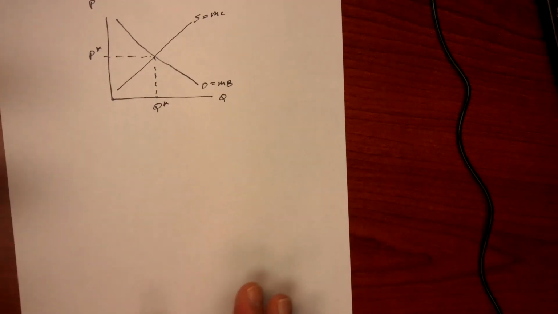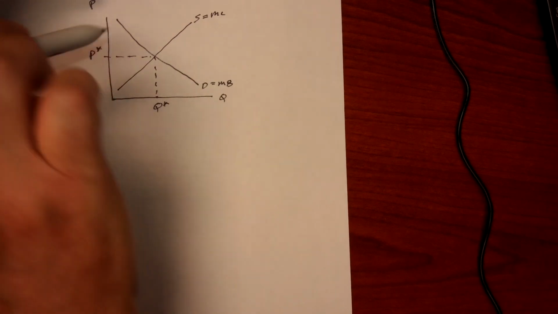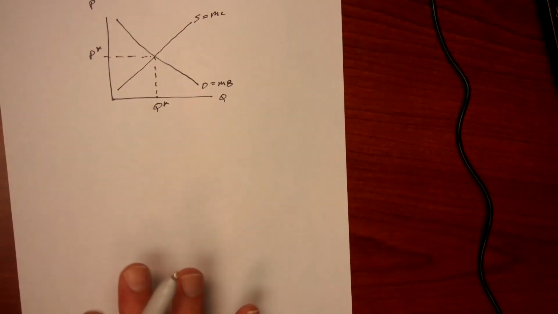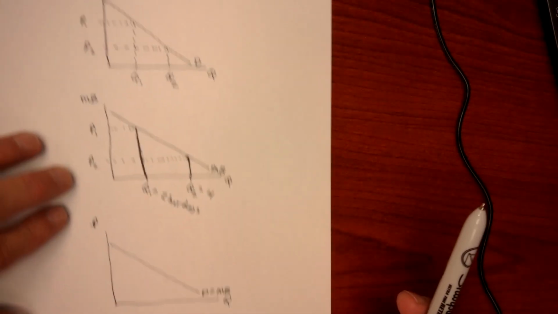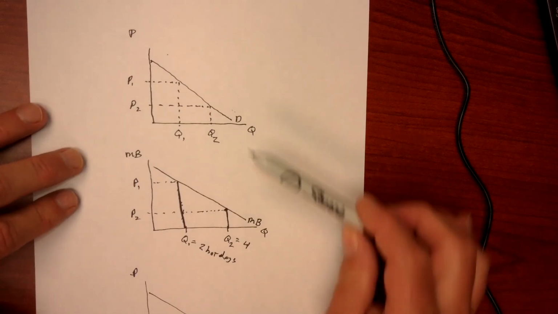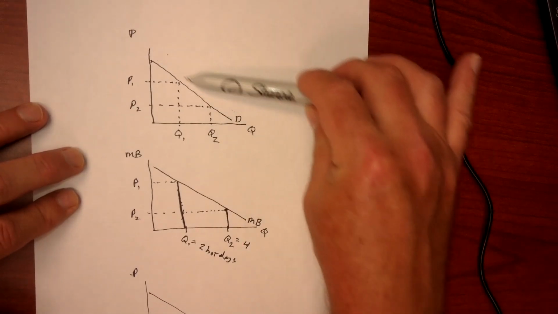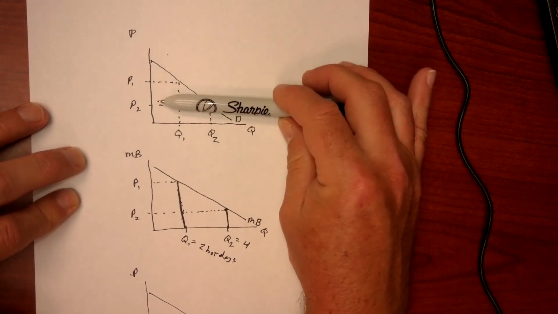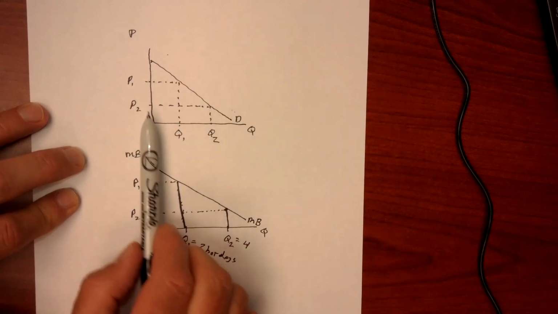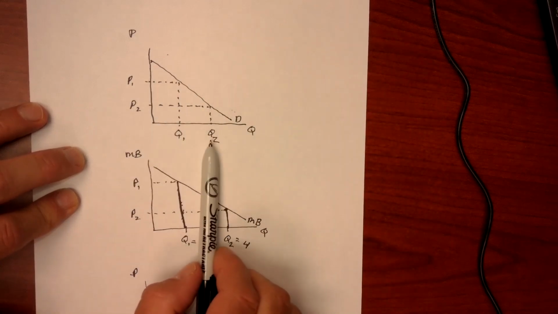In other words, let me go back here. If you remember, going back to demand, we said that in order to argue the existence of demand using the law of demand, we set a price, and that price determines however much product people want.